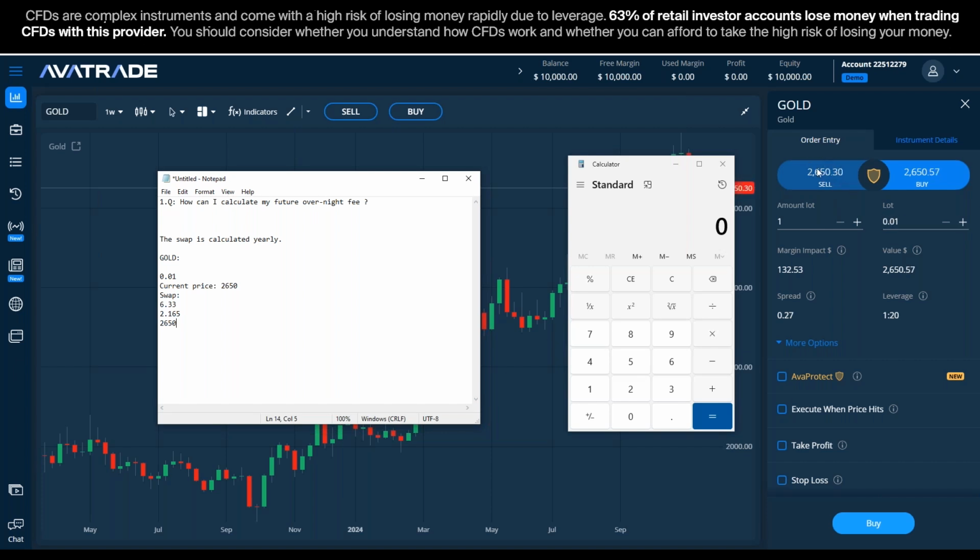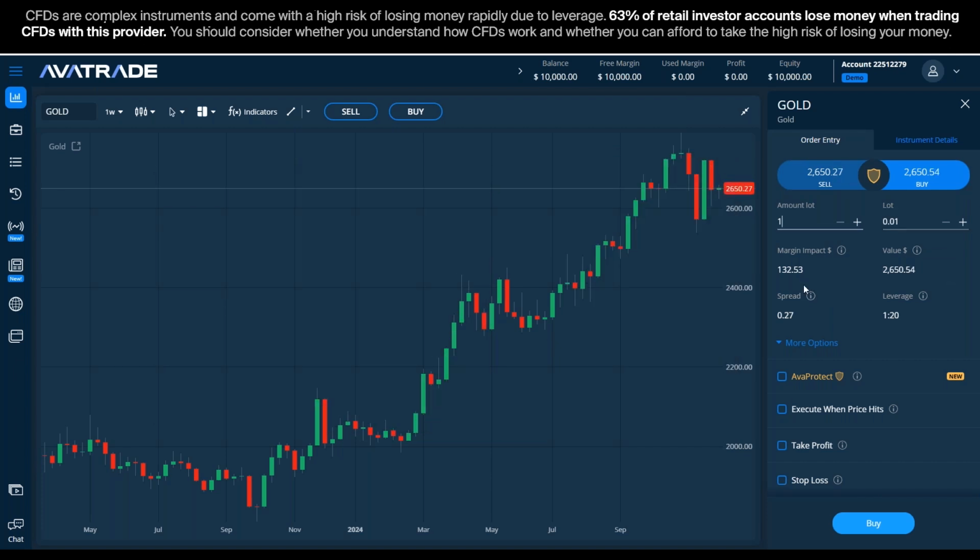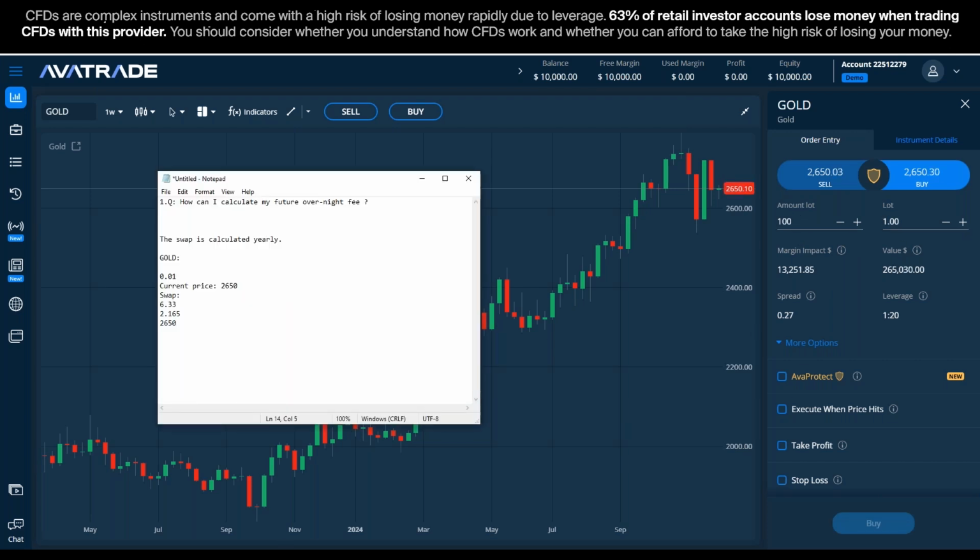And when we are taking 1 unit, the value stays the same. If I would have had, let's say, 10 units, value is multiplied by 10. If I would have 5, then by 5. If I would have 1 lot, then by 100, because 1 lot is 100. Why is that important to know? Because the swap is determined from the value.